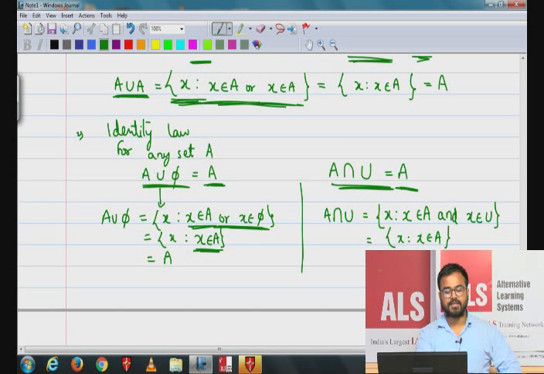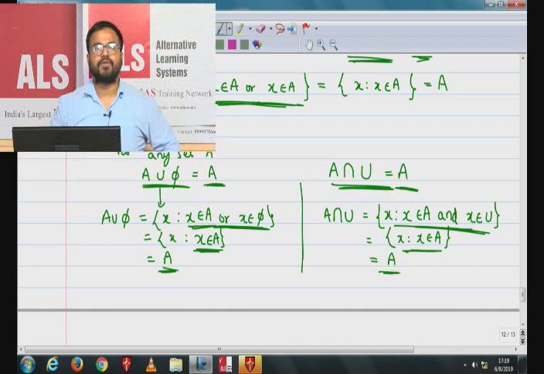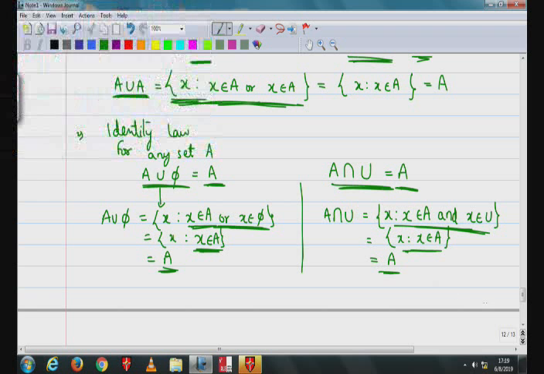So X belongs to A, which is equal to A. Similarly, for intersection we have to use the AND operator. This is the very basic way of proving. The next one we are going to do will show how we can prove those two things.